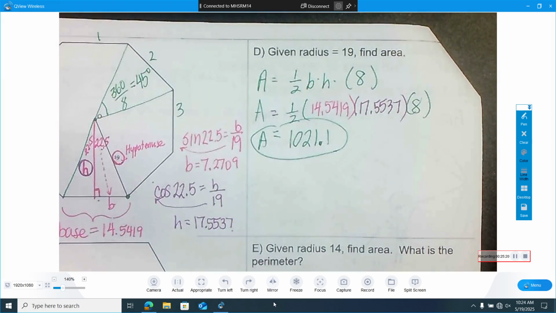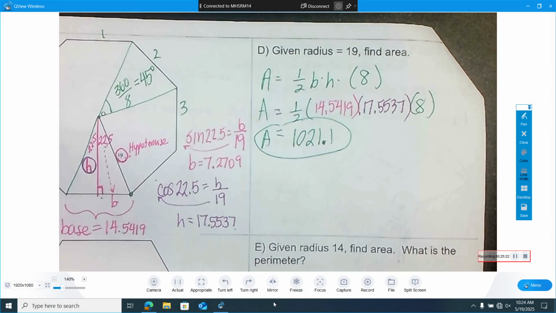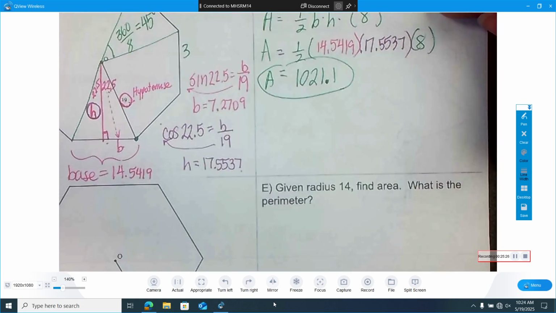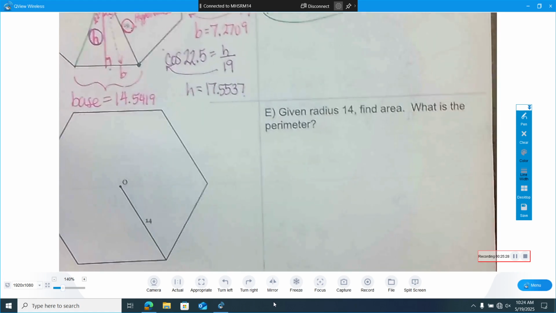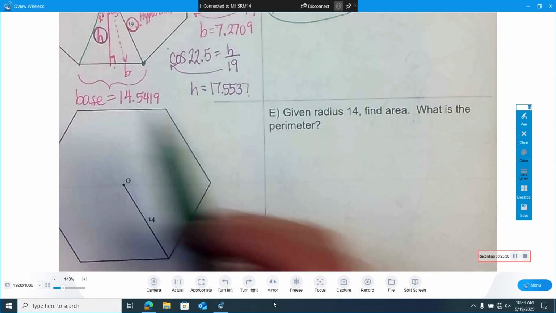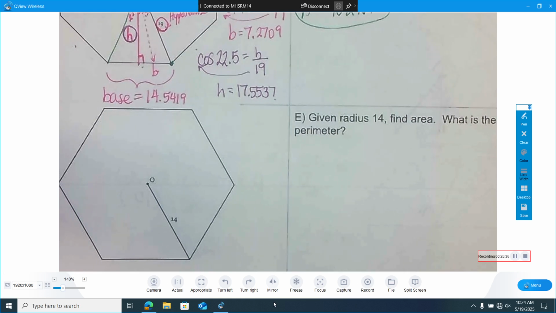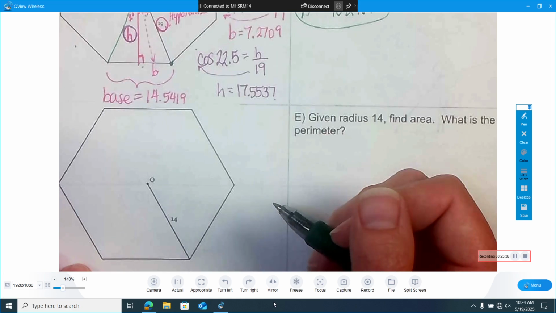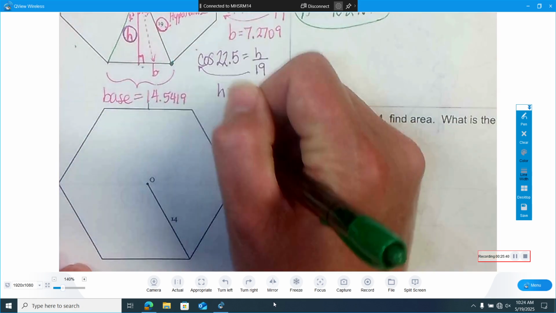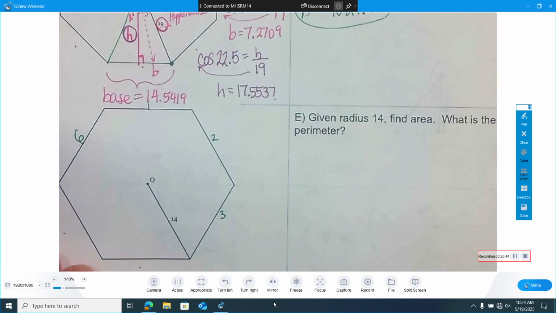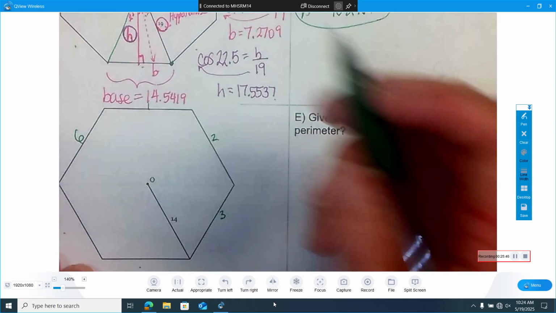Okay. Questions on that? Let's just do one more just to make sure you got it, and then I'm going to give you a formula. All right, what type of polygon is this one? What's its name? 1, 2, 3, 4, 5, 6. It's a hexagon.